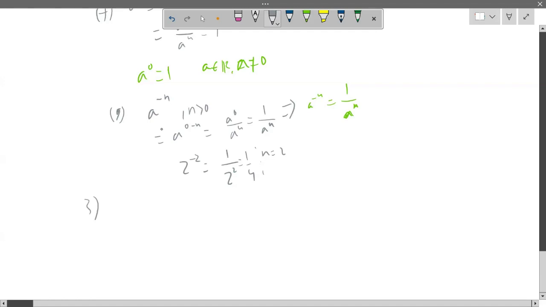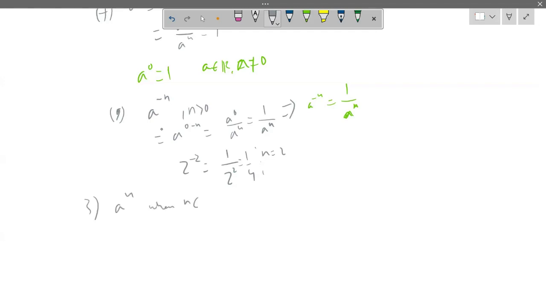So the third level here is a to the power of n when n is a rational number. So what is a rational number?